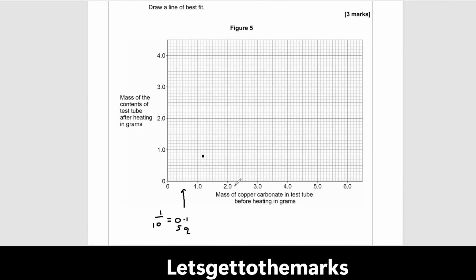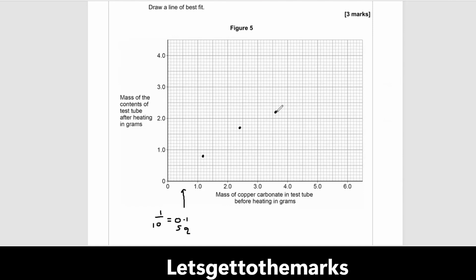Now we go to 2.4. That's 4 squares along, and we go up to 1.7. There's 1.7. Now I want to go to 3.6. So we go 6 squares past 3, and we want to go up to 2.2. So 2.2 is there roughly.